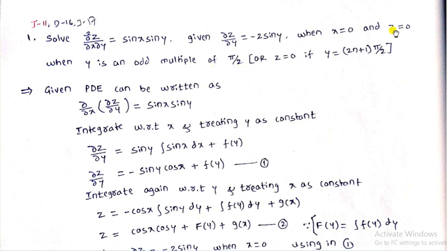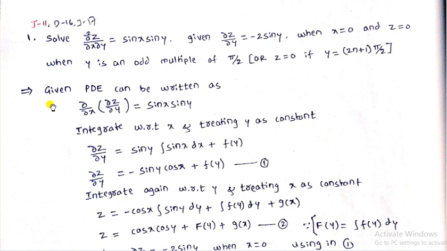When z equal to 0, our y value is (2n plus 1) pi by 2. So if you substitute n equal to 1, 2, 3, 4 etc., it gives the odd multiples of pi by 2.